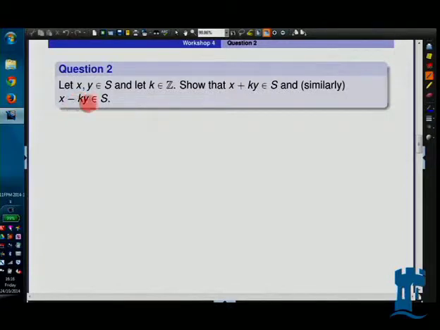So you only really have to prove one of these. But we'll use the x minus ky later, so it doesn't really matter which one you do, but you might want to remember that one. Okay, let's see how you get on with this one. And the notation is the only problem here. We'll come round and see how you're getting on.